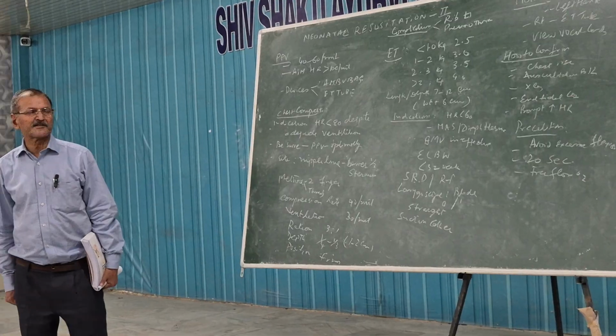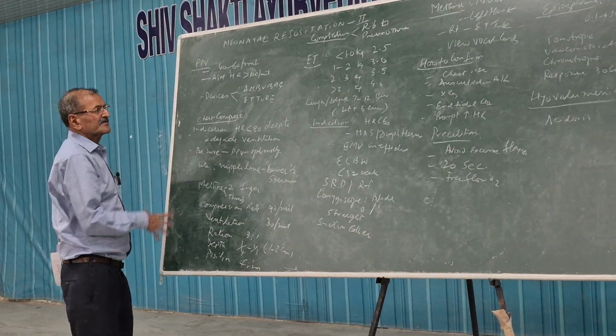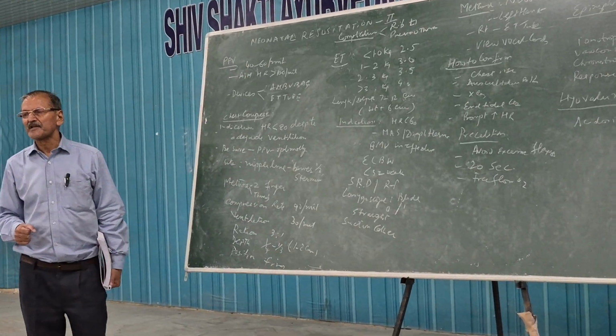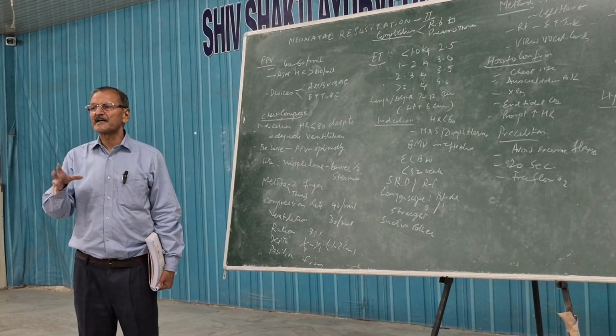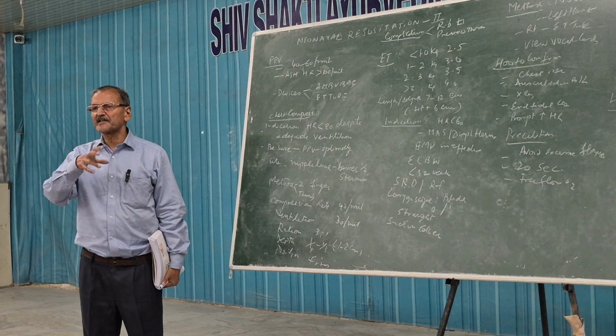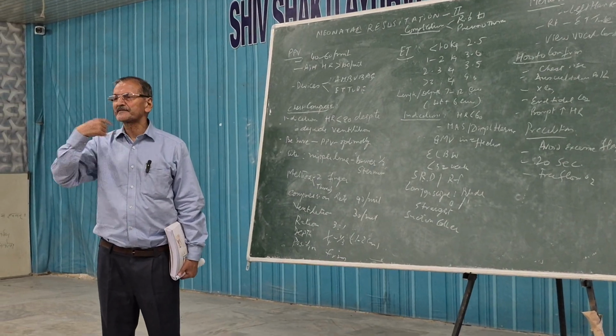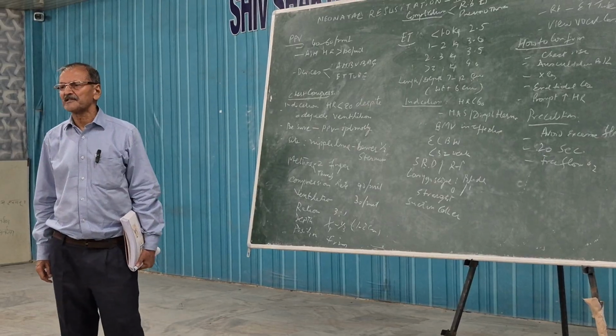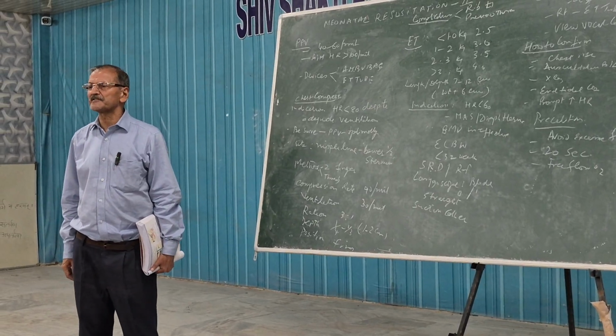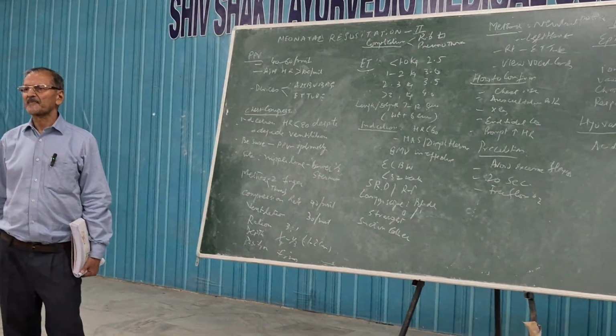What does this mean, adequate? Adequate means you have done it properly. Let us say you are doing it with the ambu bag and the air is leaking out from the mask that you have placed around the face of the child. This means adequate is not there.